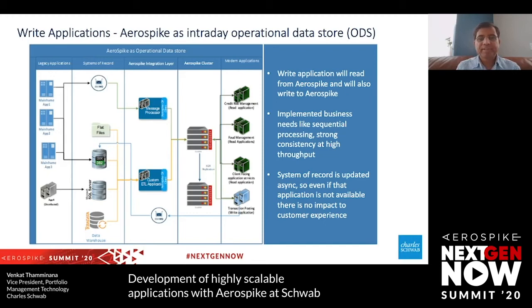Now these write applications are when a customer places a trade, places an order, and we execute the trade. The whole thing is write. Customer balances will be updated, positions need to be updated, portfolio, profit and loss, everything needs to be modified. So we wanted to move that write logic.